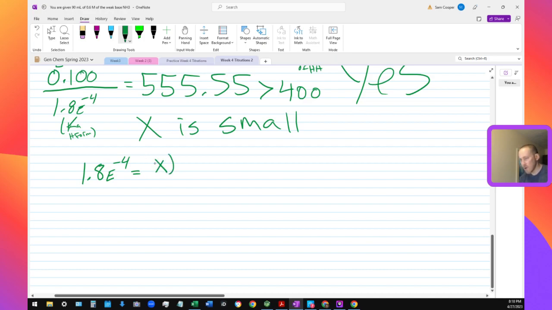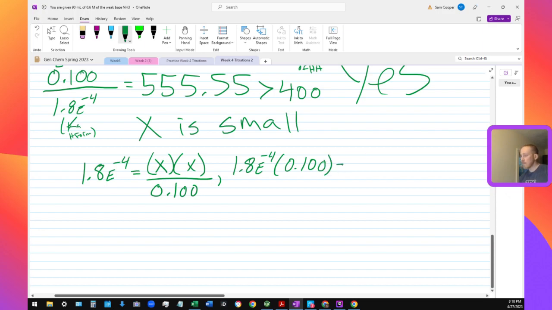So, we now have this expression, and if we're going to solve for x, which again will be the hydronium concentration, then we're going to get this. And then to solve for x, all we have to do is take the square root of those.